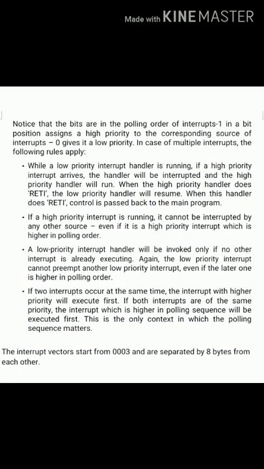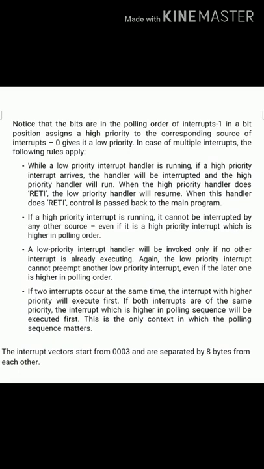Let's suppose a low priority interrupt is already being executed. In that case, if another low priority interrupt comes, it has to wait. If a high priority interrupt comes, the low priority interrupt has to get suspended, and the processor jumps from serving that interrupt to the high priority interrupt.